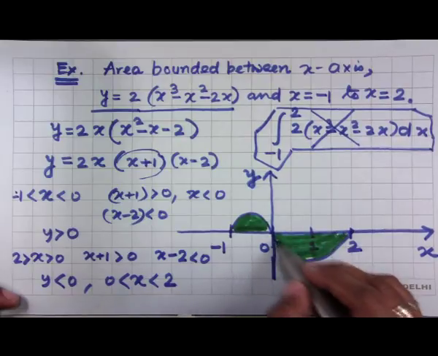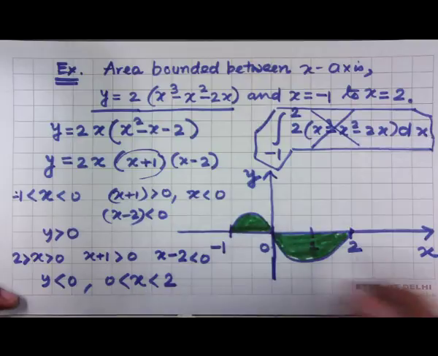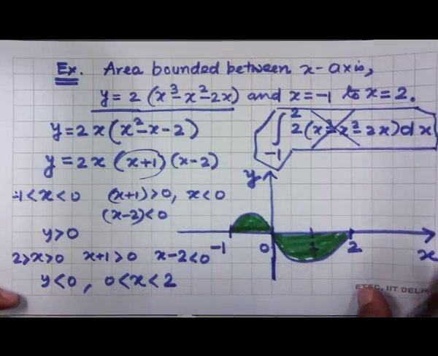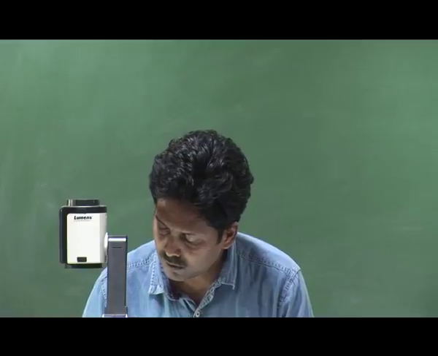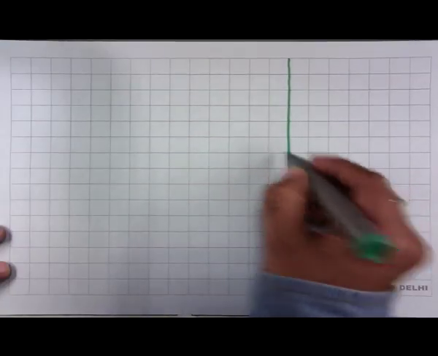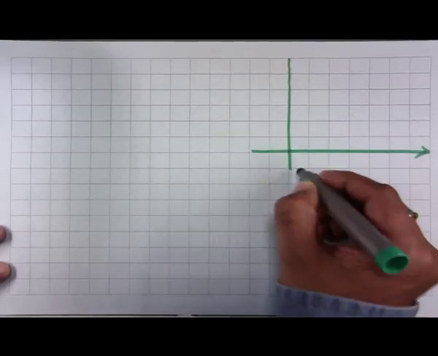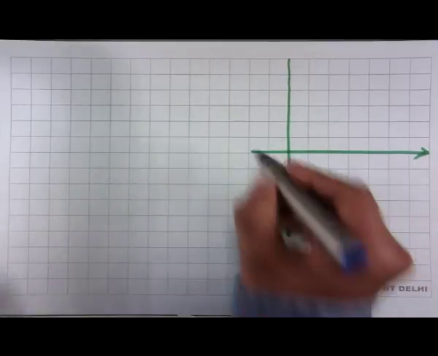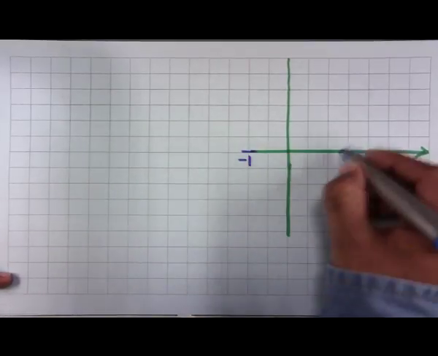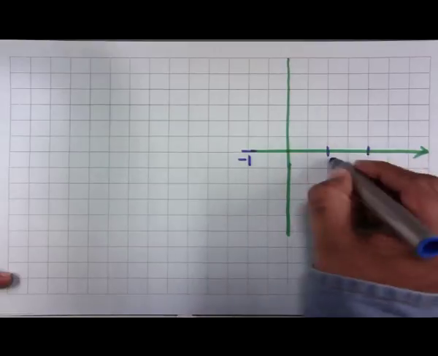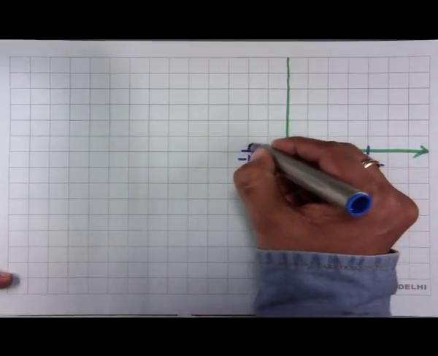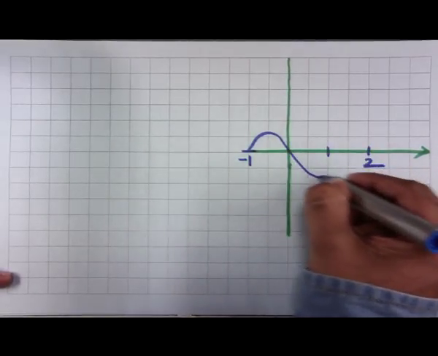So, we have to compute both and add them together to get the actual area. Let me draw it again. It goes like this and this.